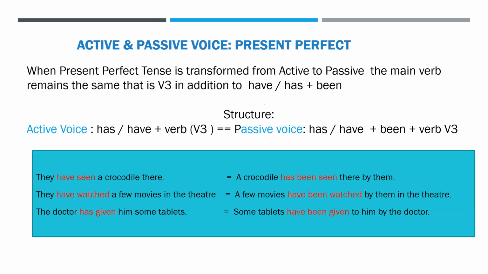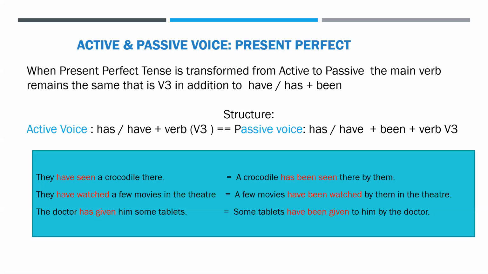Now we move on to the present perfect. What happens when the sentence in the active voice, the tense is in the present perfect? So read this sentence. They have, you remember? Present perfect, what will you use? Depending upon your subject, you use either have or has. And then the V3 form, right? So read it. They have seen a crocodile there.